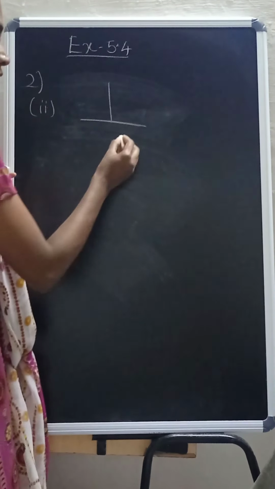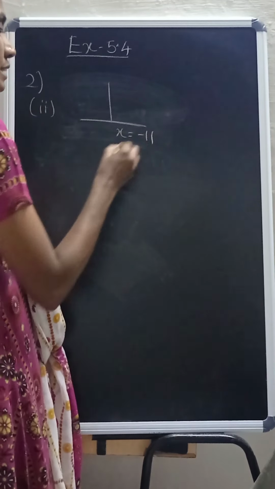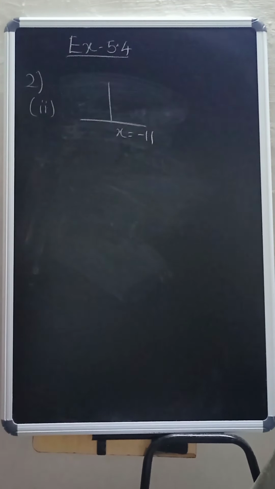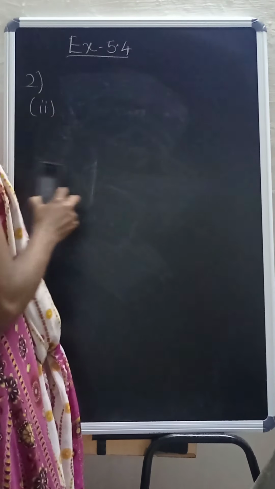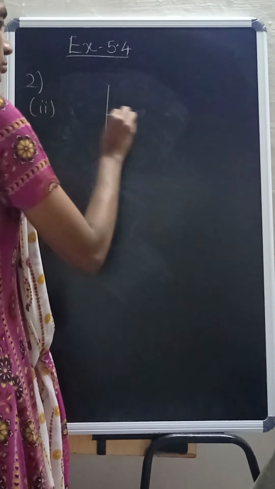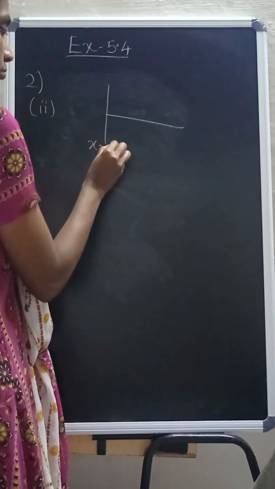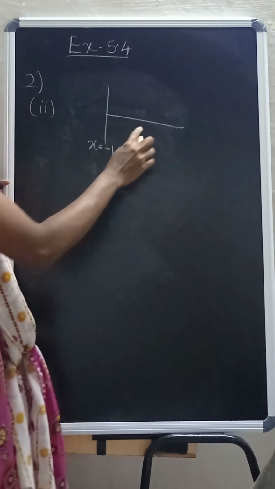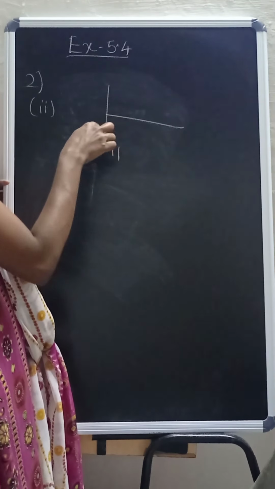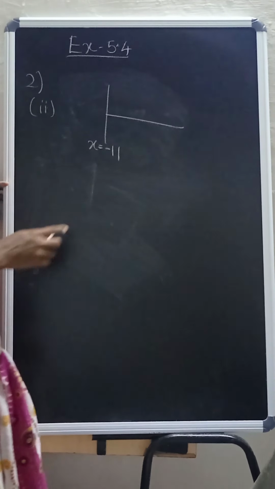Perpendicular to the line x is equal to minus 11. So you need to find the slope of the line which is perpendicular to this line having equation x is equal to minus 11.